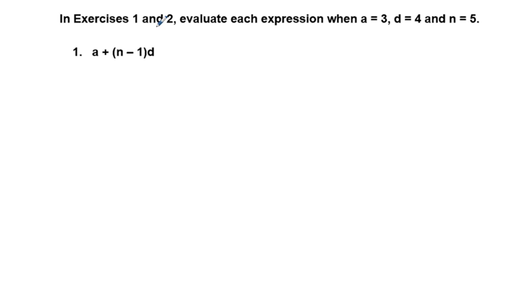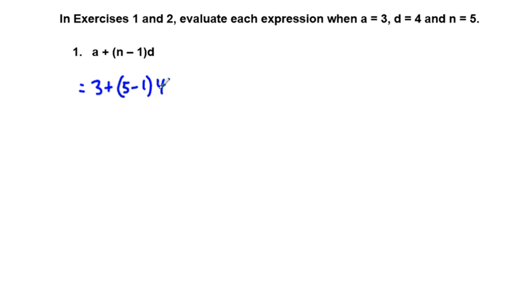For problems 1 and 2, you evaluate each expression when a equals 3, d equals 4, and n equals 5. The way to do this is simply to replace. If a is 3, we replace a with 3 plus, and n is 5, and we have minus, bring down the minus 1, and d is 4.